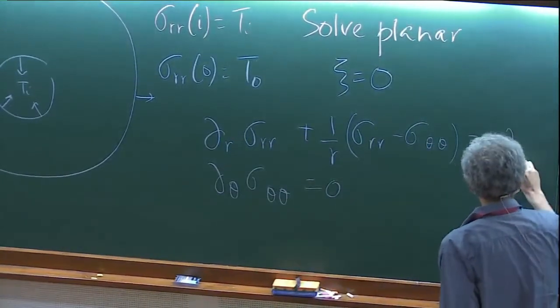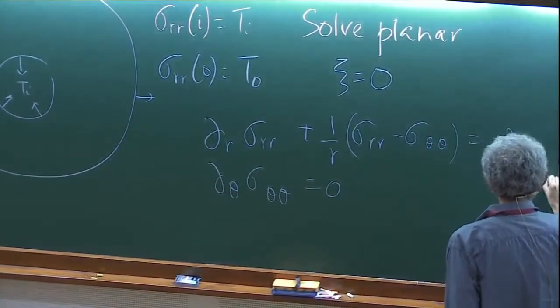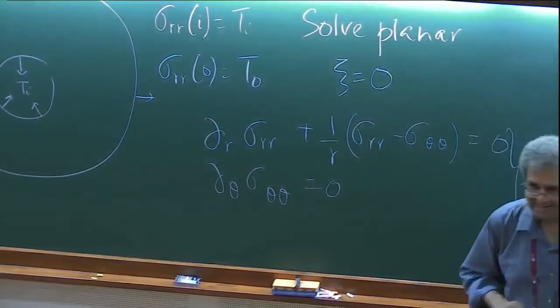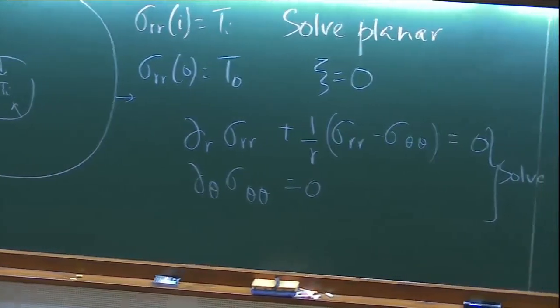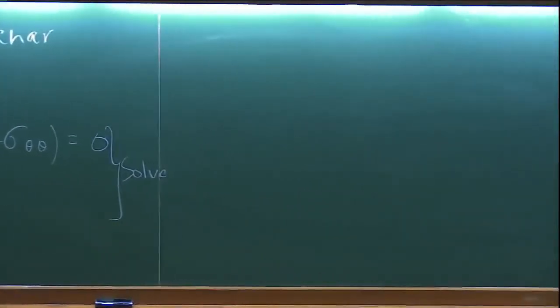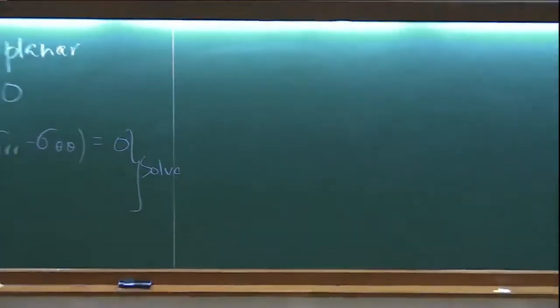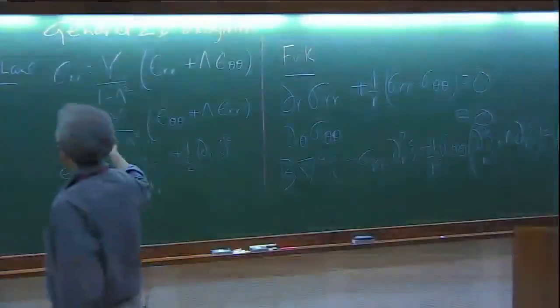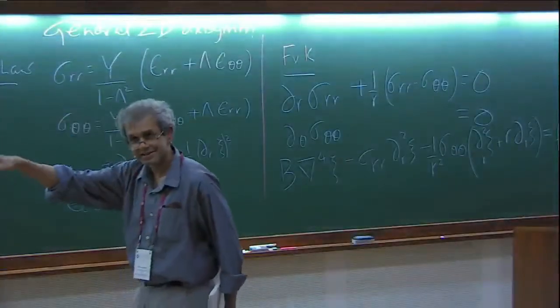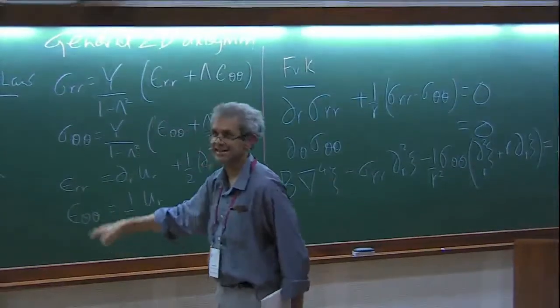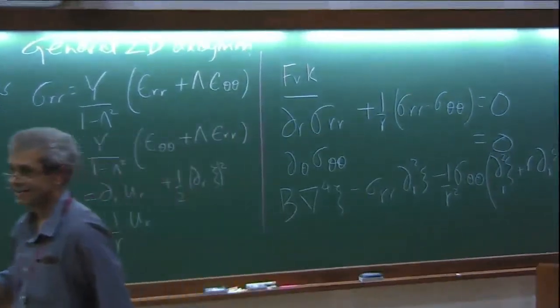So solve, he said happily, and assigned it as homework. Actually, they look a little bit simpler than they deserve to look. Just remember how you solve this. Now you need to put in the stress-strain relationship, write it in terms of strain, then you need to write the strain in terms of displacements, then you'll get something you can solve.